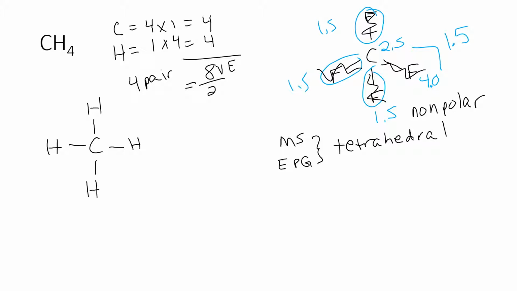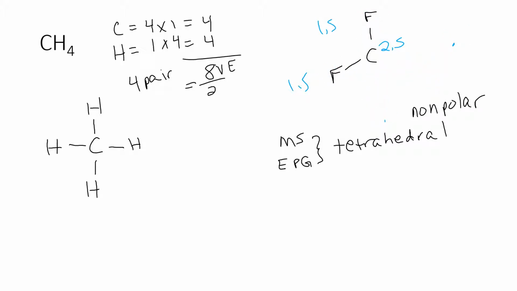Okay? So here's one last caveat to this. The only way this structure could be polar is if the attachments were all the same except for one. So perhaps I have hydrogen, hydrogen, hydrogen, and oxygen.